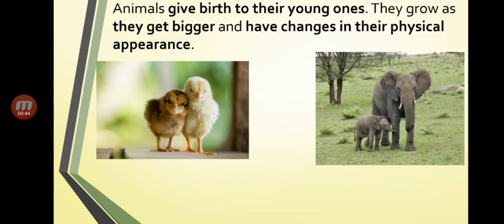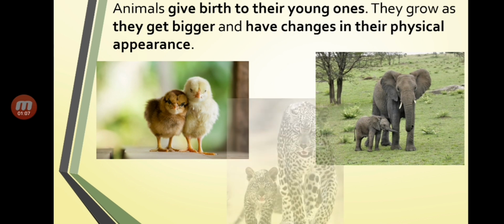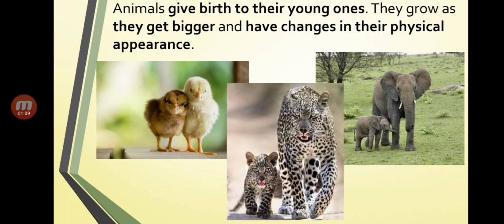And the other one is this elephant. Yes, this young elephant and this adult elephant. As you see, the elephant gives birth to young ones, and the physical appearance of these young ones will change also when they get bigger. And the next one, do you know what this animal is? This is a leopard.